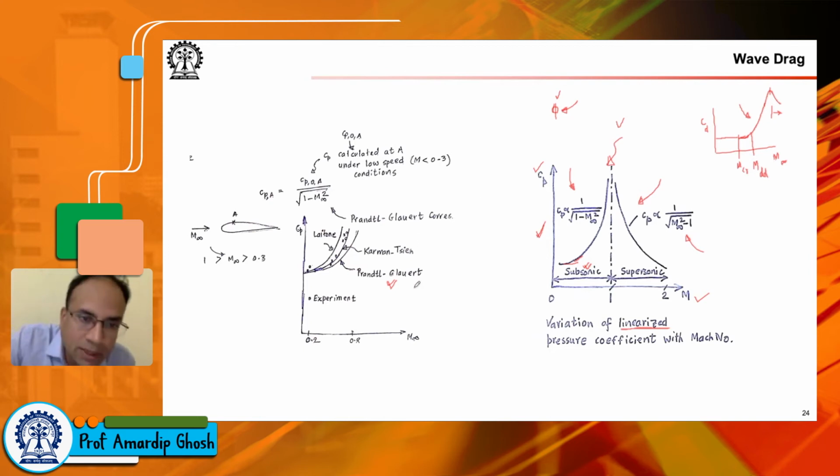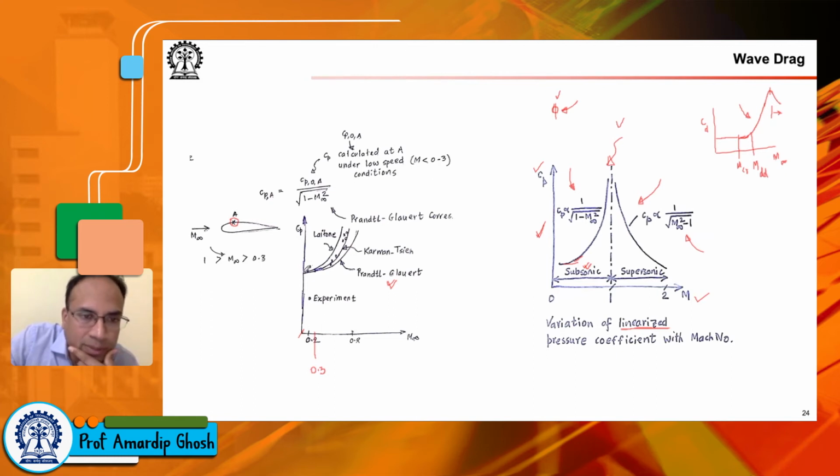In experiments, it has been seen that what you do is you measure Cp at a point A at a low enough Mach number. So remember that beyond 0.3, the compressibility effects come in. So if you want to measure Cp at a low enough Mach number, you need to go to something less than 0.3, favorably less than 0.2 as well.